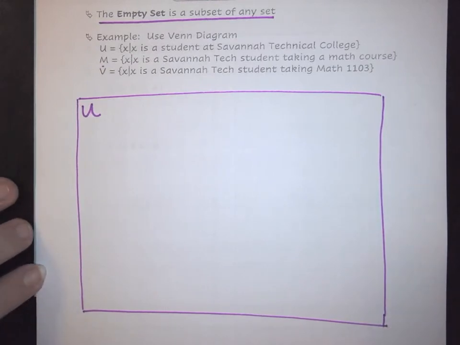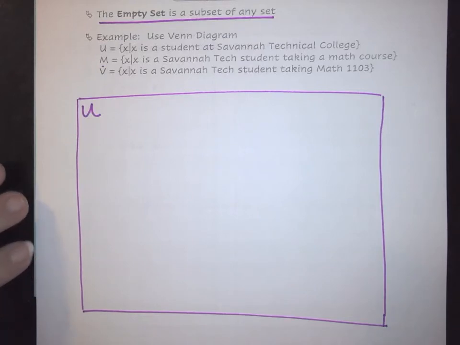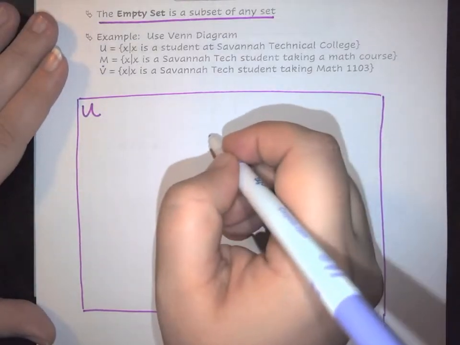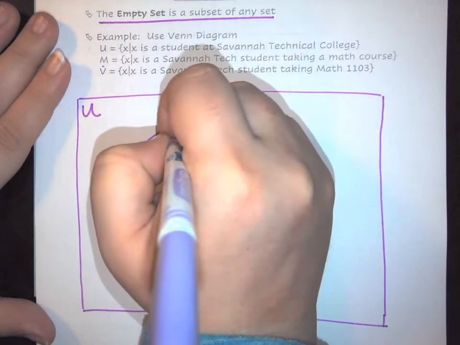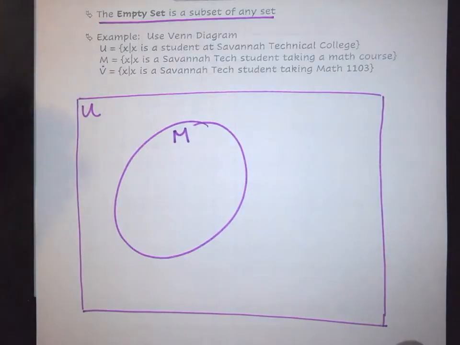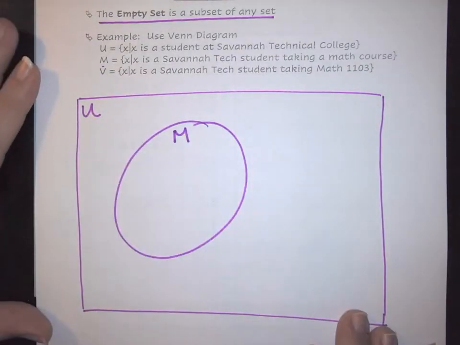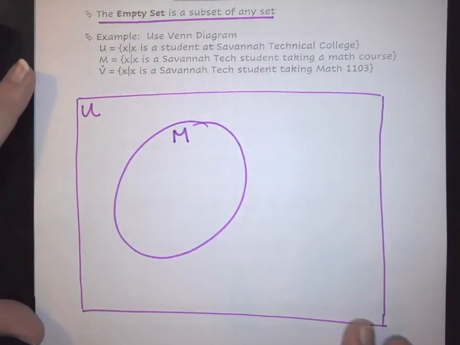Now the next one says that M is a Savannah Tech student taking a math course. So you need to draw yourself a circle and label it with M, because within all of the students at Savannah Tech, not every student is going to take a math course.